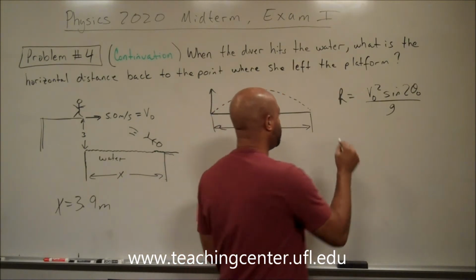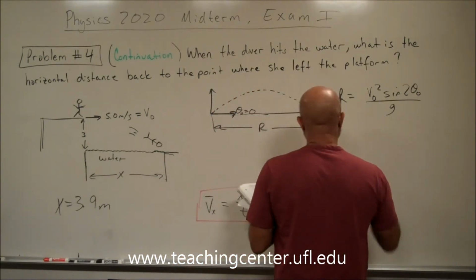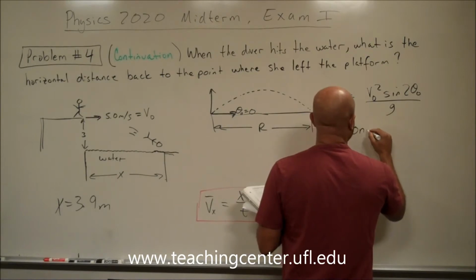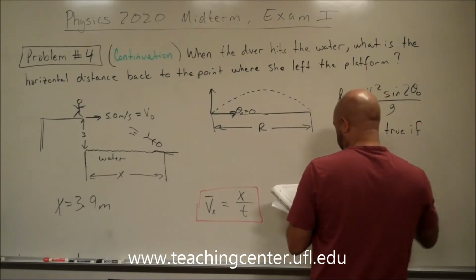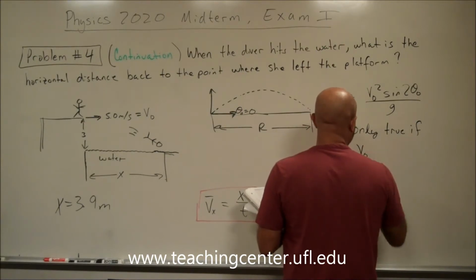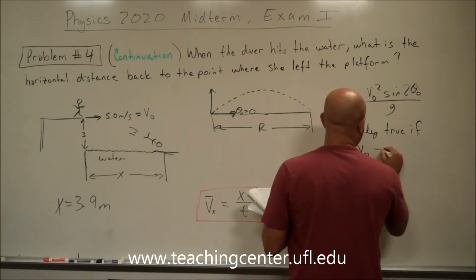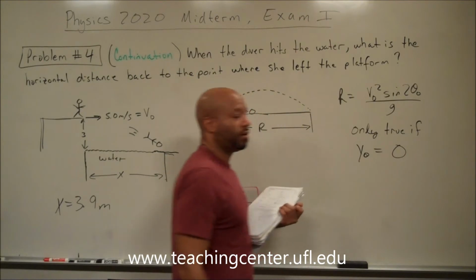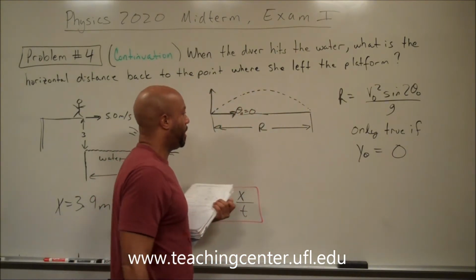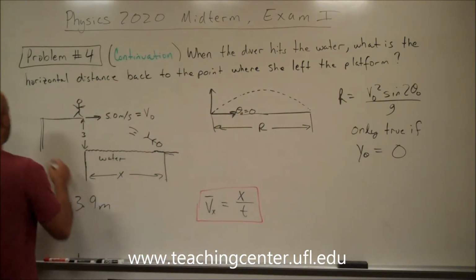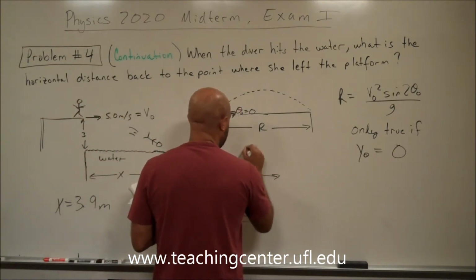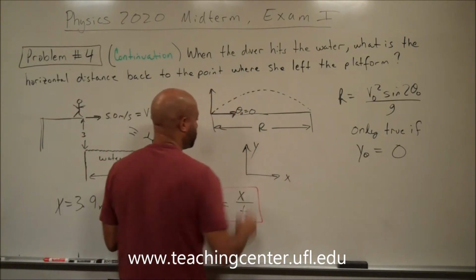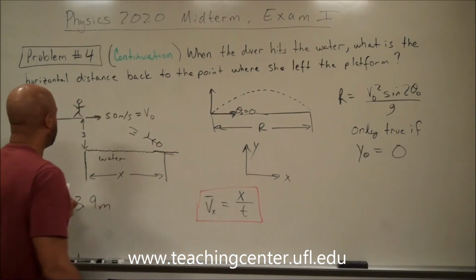This is only true if your initial height is equal to 0. And in our particular problem, remember our coordinate system was set up with positive x in this direction, positive y in that direction.